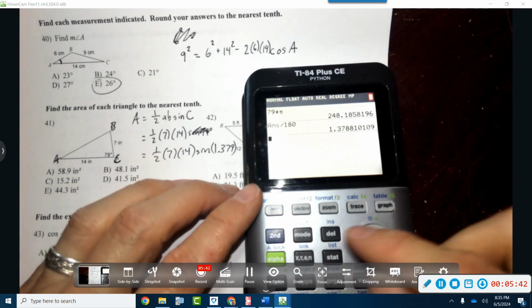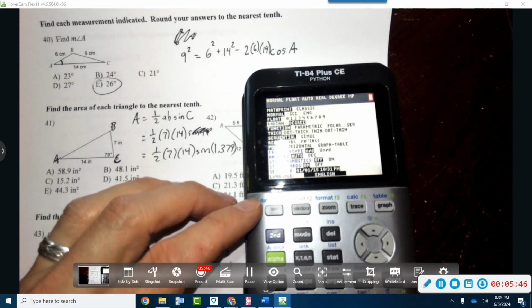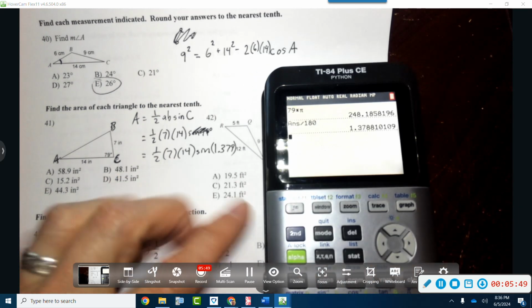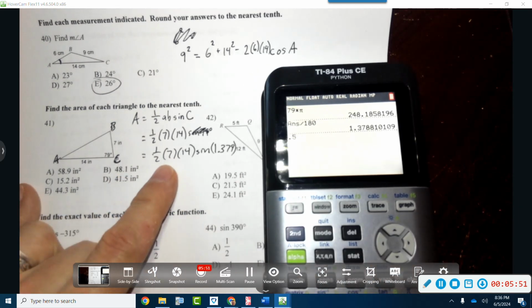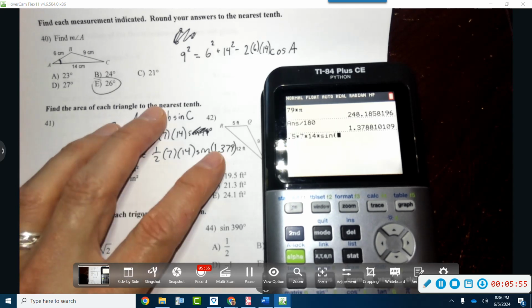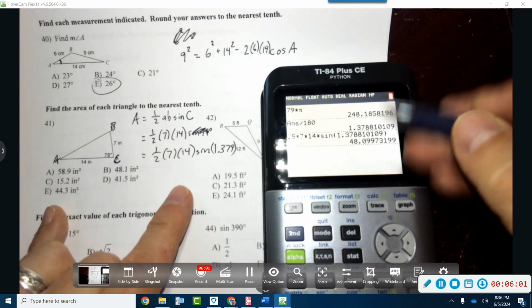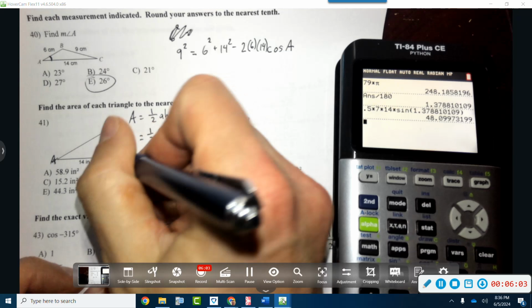Okay, so let's convert this back to mode, and I'm going to put it back into radians. Second quit. Okay, 0.5 times 7 times 14 times the sine of this guy. All right, and we get 48. Round that up to 1.